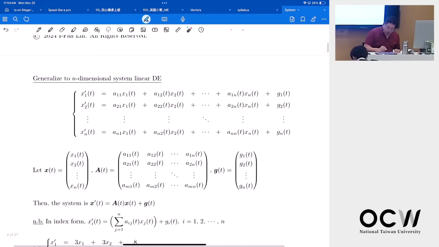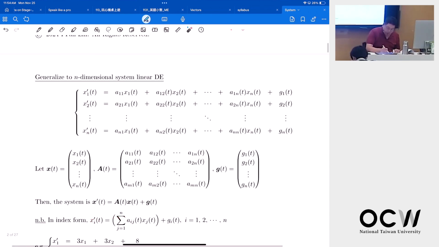We can also write this vector form as an index form. For the index, you can just change it to a specific row or specific equation. So xi, for example x1 prime.